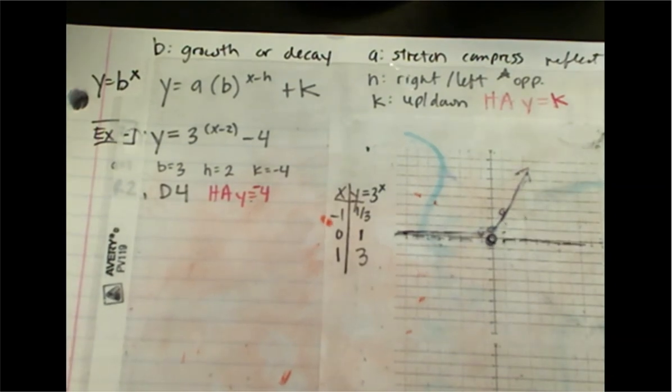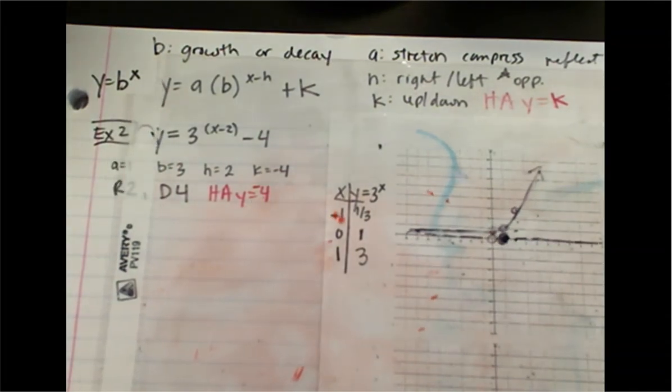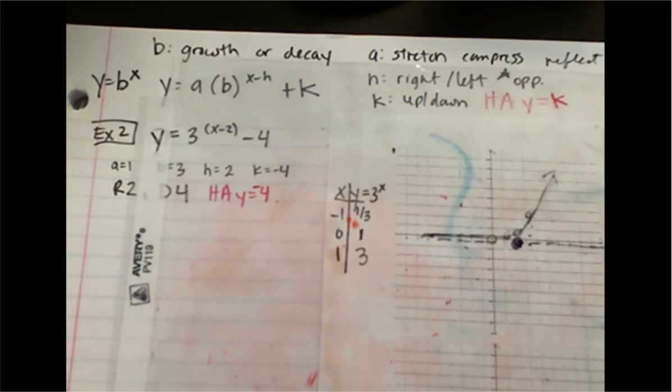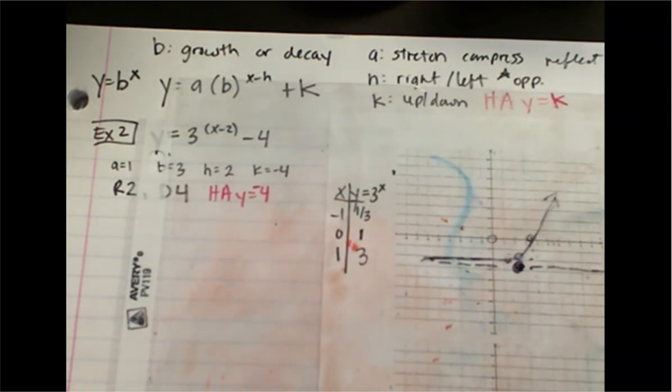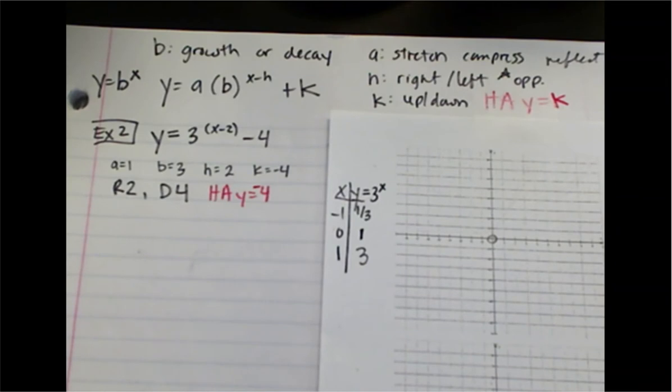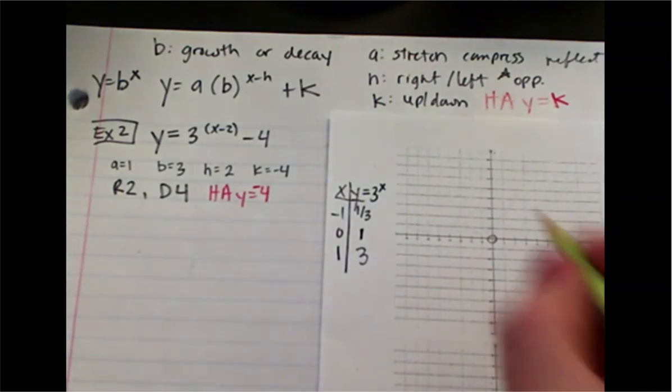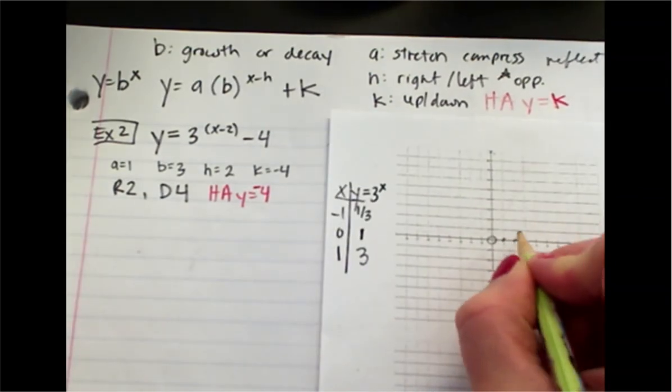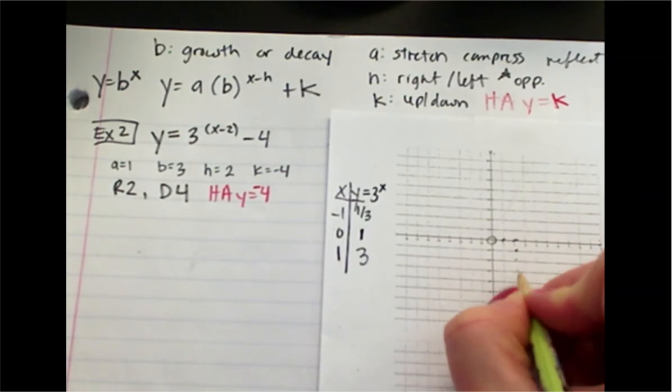From the center, notice the dot, the black dot. That is the origin. That is what's moving. Right 2, down 1, 2, 3, 4. The asymptote moved also. Okay? So let's start at the origin and let's do our transformation. 1, 2, 1, 2, 3, 4.